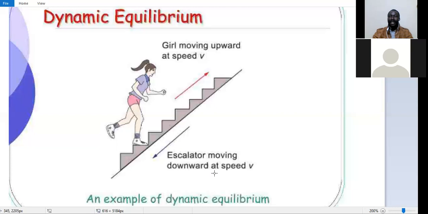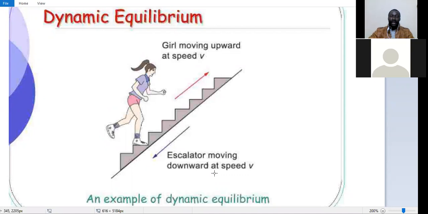Yeah, that is called dynamic equilibrium, okay? Dynamic equilibrium means the exchange rate is the same. The rate at which you are moving forward, like in the case of this girl, equals the rate at which the escalator is moving down.